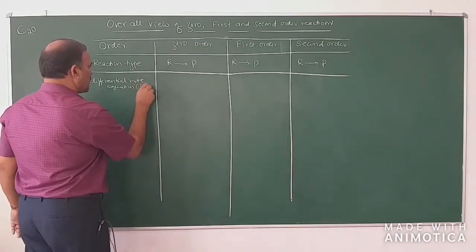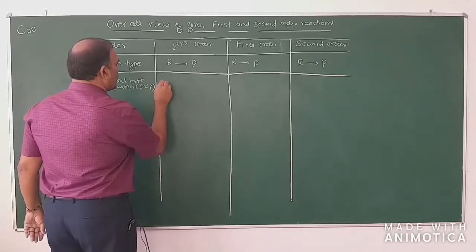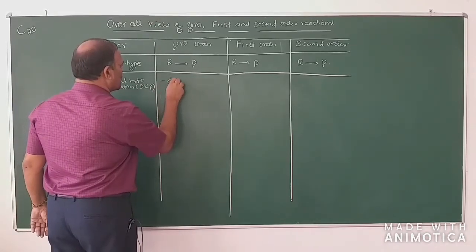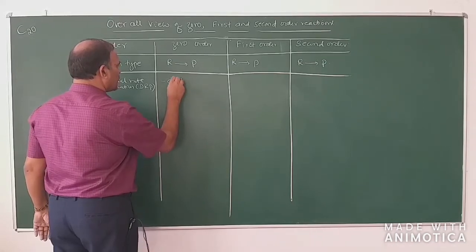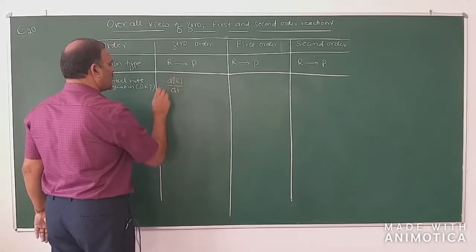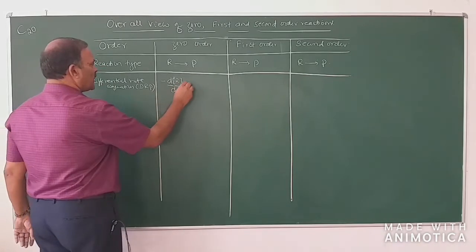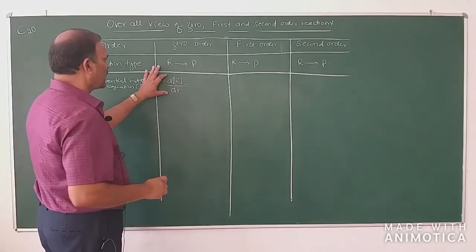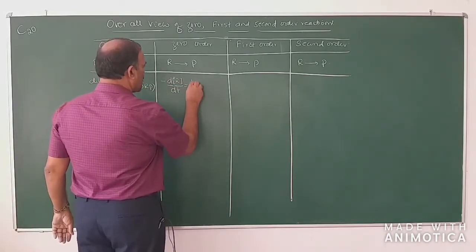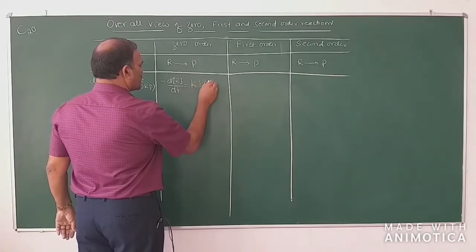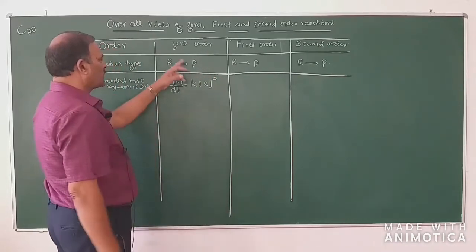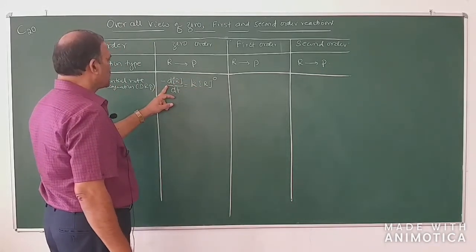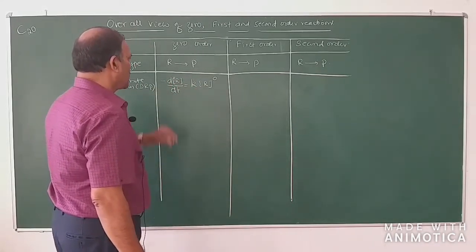That is minus d[R] divided by dt, minus d concentration of R divided by dt is equal to what? This is called rate of reaction, equal to K into concentration of R to the power of 0. For a zero order reaction, this is the differential rate equation.